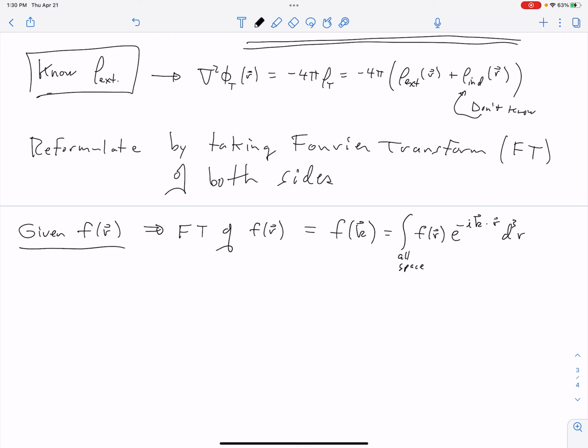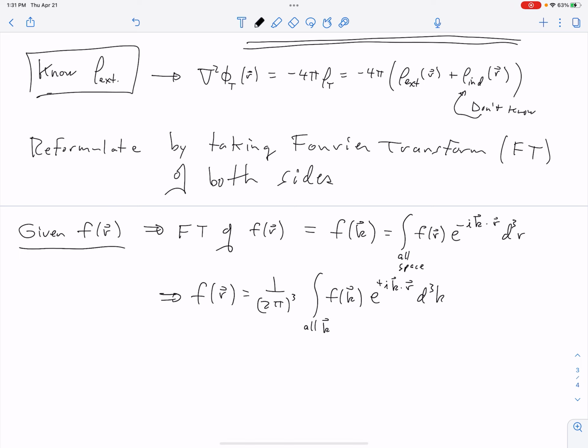There are different ways you can define the Fourier transform, but they come in pairs. If I start with this definition, then my original function f of r, I can write as 1 over 2 pi cubed times the integral over all momenta, over all k, of f of k e to the plus i k dot r d cubed k.